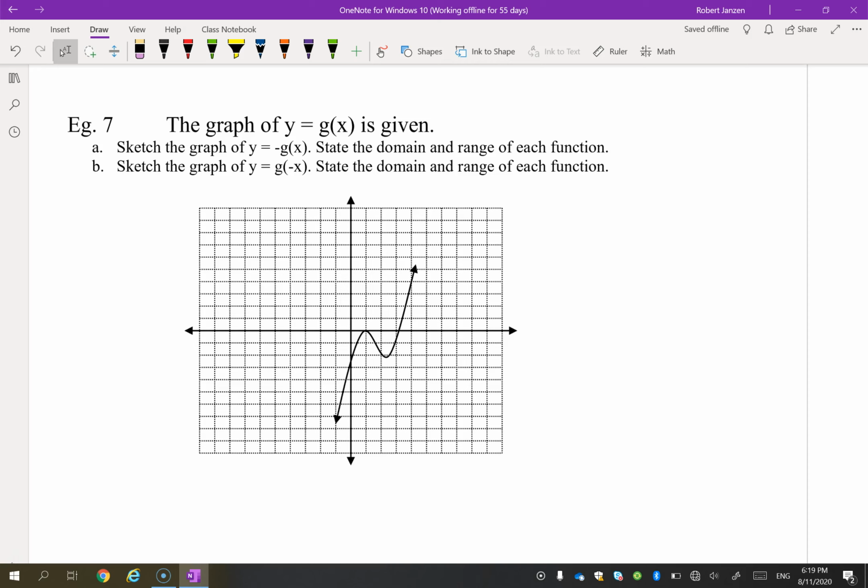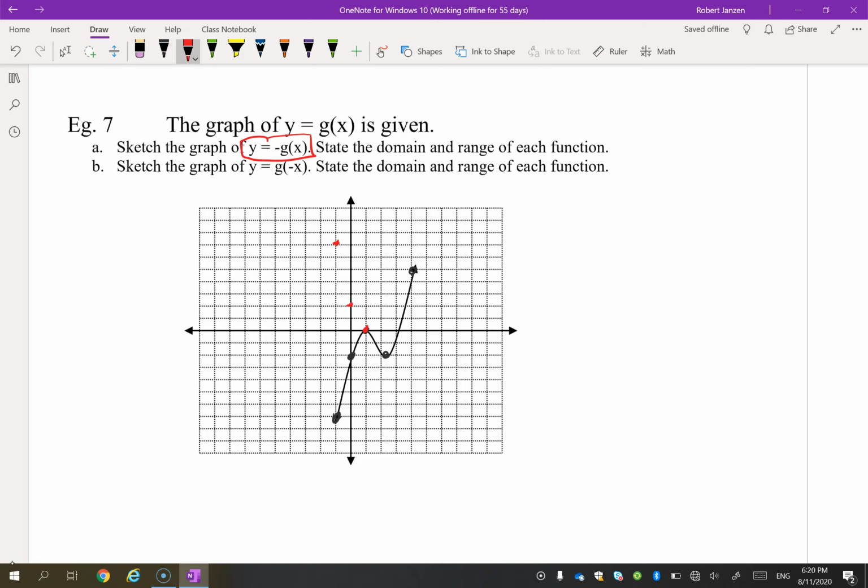Same question, different graph. So let's put a couple of significant points here, and we're going to change those. The first one is negative g of x. This means we affect the y. The y values will flip. So this one, 1, 2, 3, 4, 5, 6, 7, would become 1, 2, 3, 4, 5, 6, so it would come up there. This would go here.